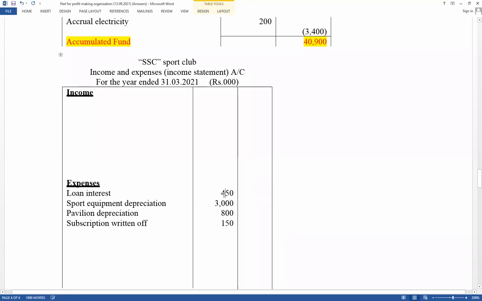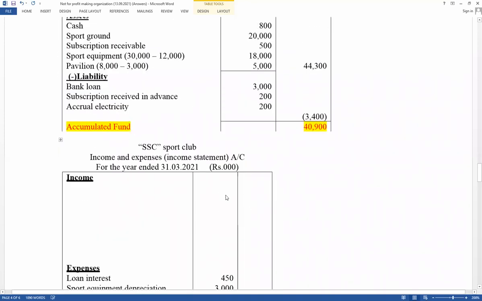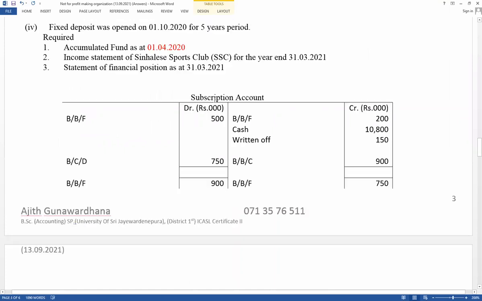Now close the subscription accounts. By closing the subscription accounts, subscription income can be recognized. The credit side has increased, so take the total amount of the credit side, which equals 12,050,000.